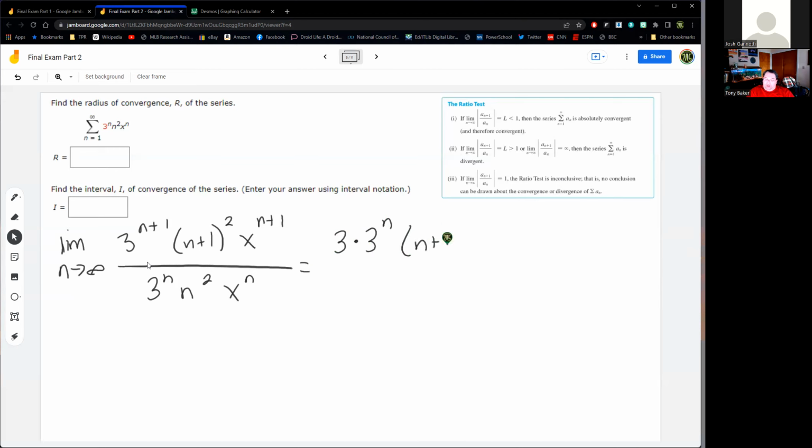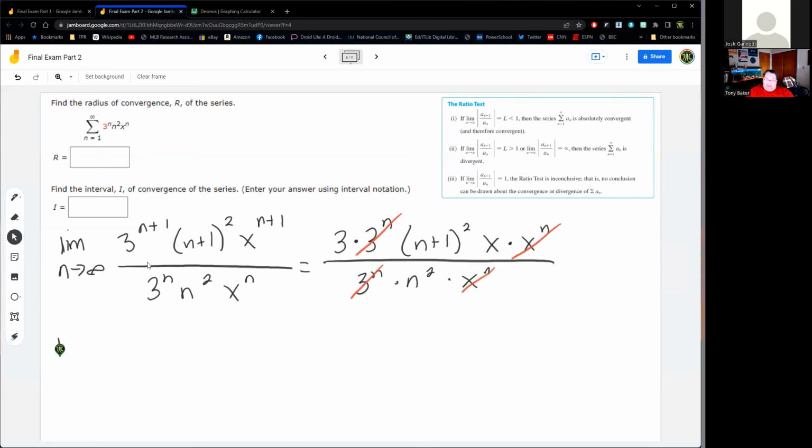N plus 1 squared, I'm going to keep. And then this is x times x to the n. So I can cancel the 3 to the n out, and I can cancel the x to the n out.